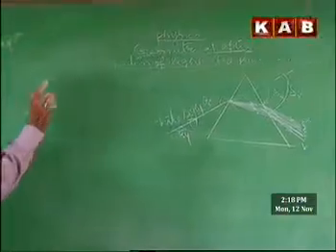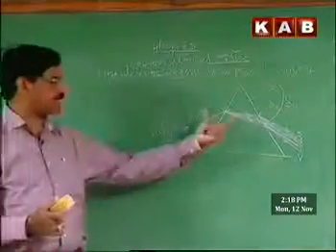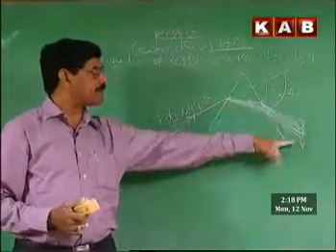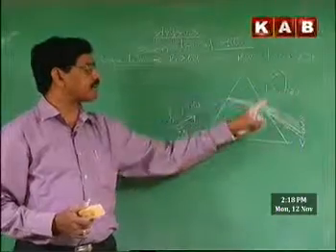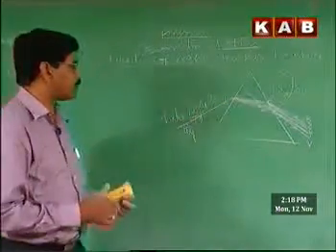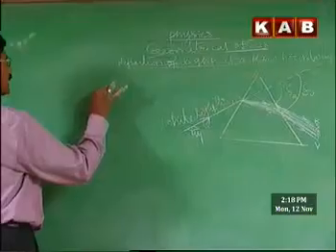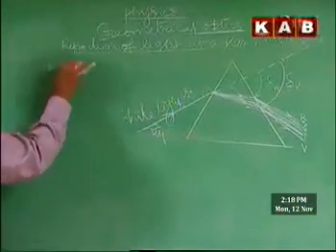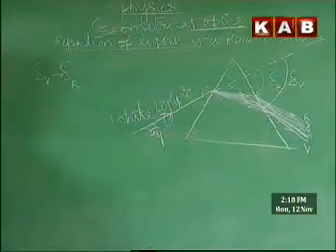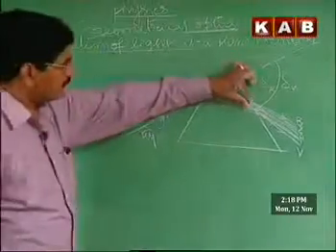Therefore, the prism is able to disperse the 7 colors in the angular range from delta R to delta V. Therefore, delta V minus delta R is this angle.